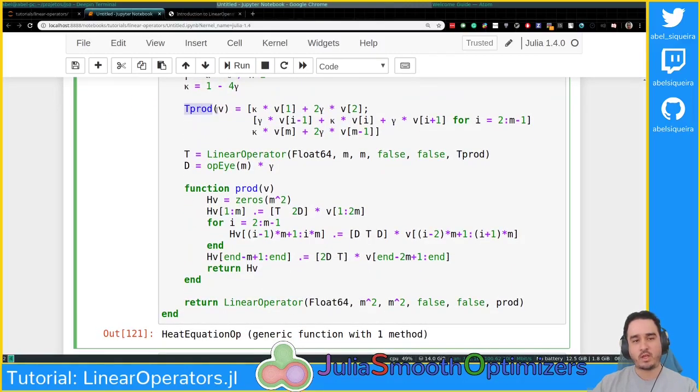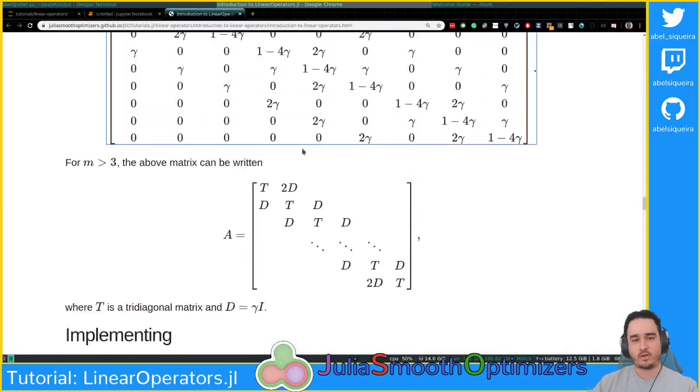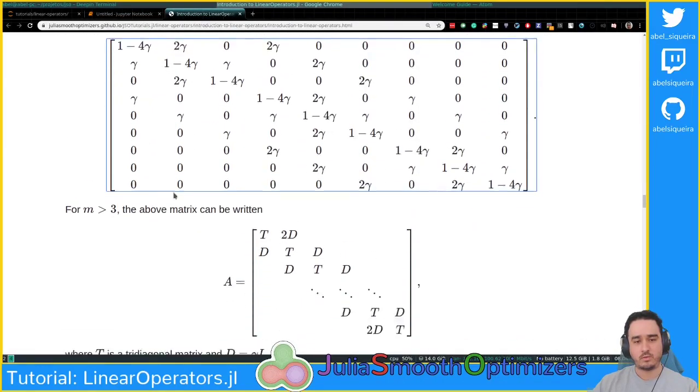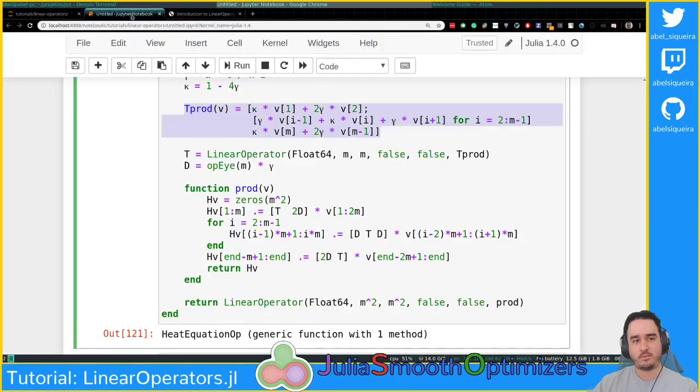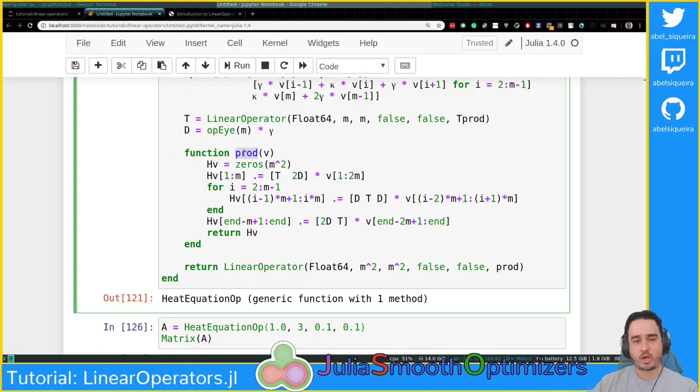And I define here first a linear operator for the tri-diagonal matrix T. So this is T prod. I define a linear operator with T, and then I define a prod, which is essentially defining how it operates on every other row.